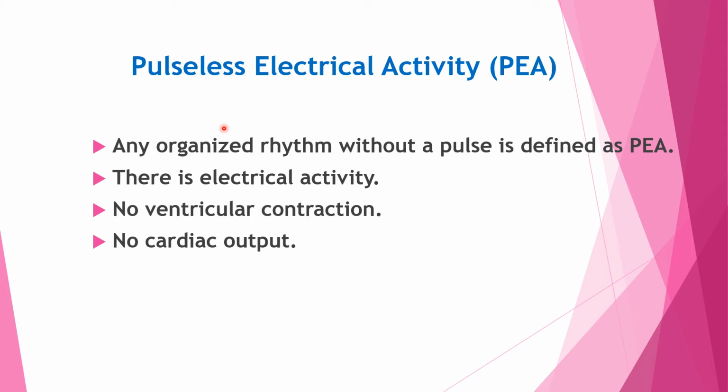He needs CPR. There is electrical activity but no ventricular contraction. That means there is cardiac arrest, no cardiac output. This rhythm is non-shockable. No need to give the patient DC shock because there is no benefit. More important: high quality CPR and medication.